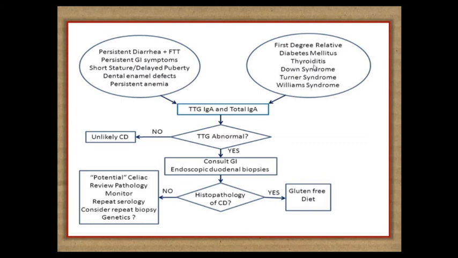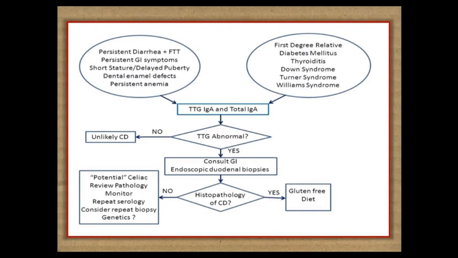So what will you do for those groups of patients with manifestations or with risk factors? We will do tissue transglutaminase IgA, and total IgA, if you remember, to see its level. If the result is normal, this is unlikely to be celiac disease. But if the result is abnormal, here you can consult for gastrointestinal endoscopy, duodenal biopsies, and you send for the histopathology.